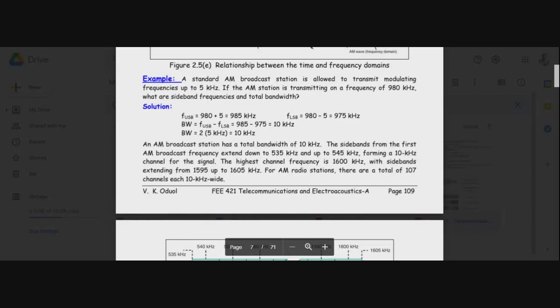Therefore, it's going to occupy a bandwidth of 10 kilohertz because you need double that. When you have frequencies on the positive frequency axis from 0 to 5, there is a part of that which hides in the negative frequency axis, and so it actually is double.